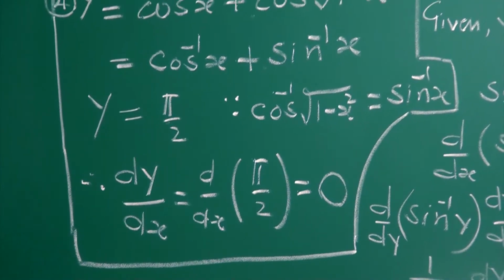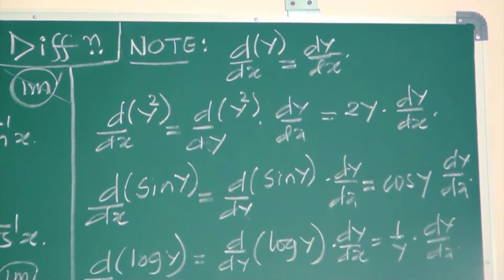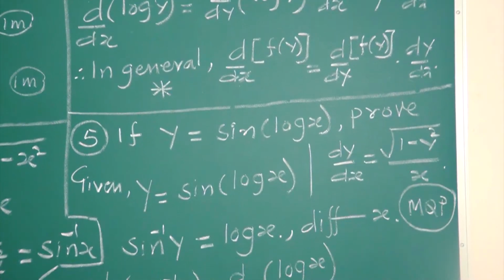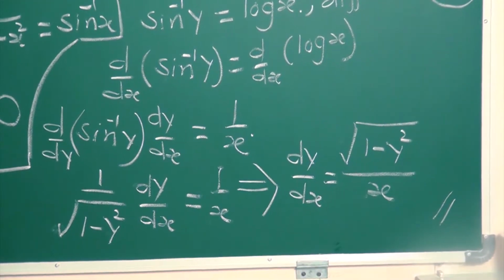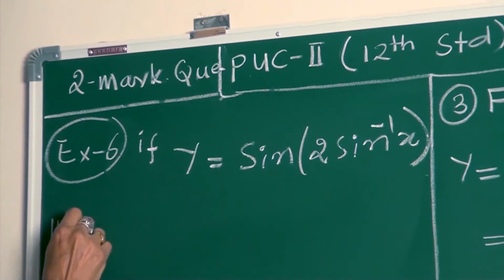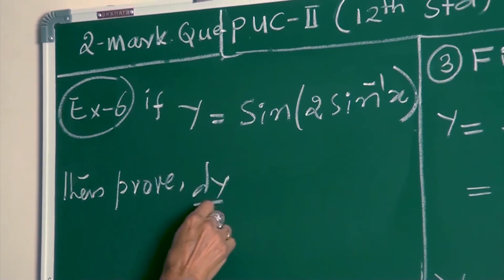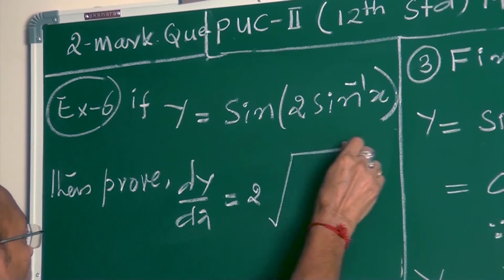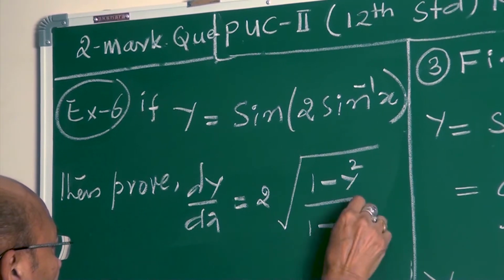This is example number 6. If y equal to sine of 2 sine inverse x, then prove dy by dx equal to 2 into square root 1 minus y square upon 1 minus x square.